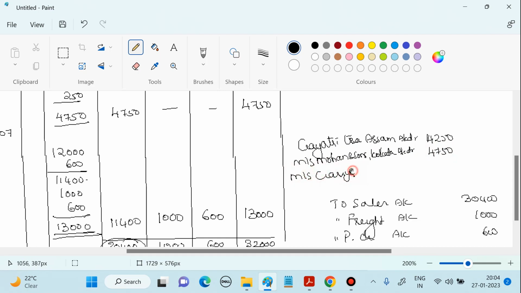Gary and Sons, Delhi, account debit with 13,000. So this way you debit the debtors individually and credit sales and the freight and packing charges with their respective amount. Is the posting of sales book into the ledger account clear?